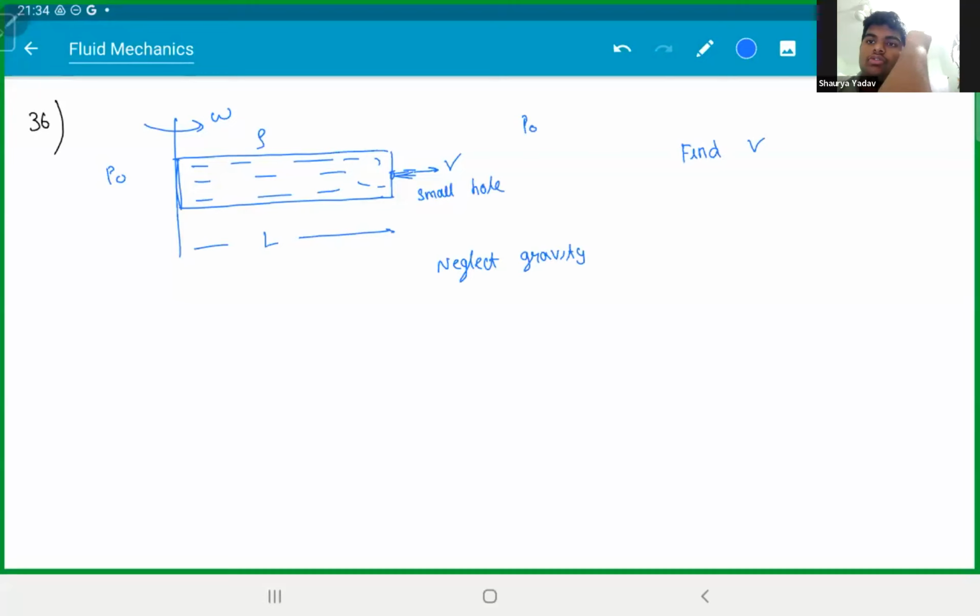Sir, where is the small hole, at the bottom? Yeah, bottom means the corner, you can see it in the diagram, no? Okay. How do we do this?